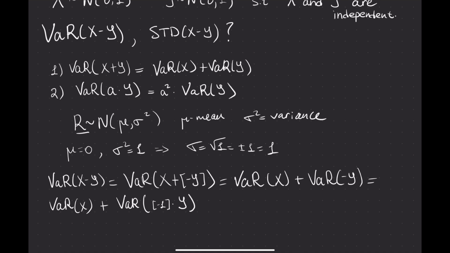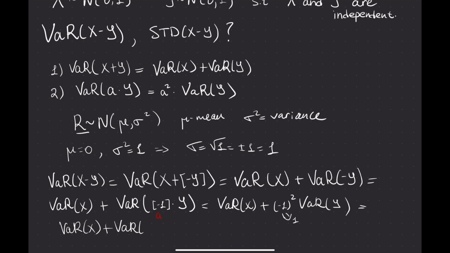Now here we have that a equals negative 1. And we can factor this out: variance of x plus negative 1 squared times the variance of y. Negative 1 squared equals 1. And all of that equals the variance of x plus the variance of y.